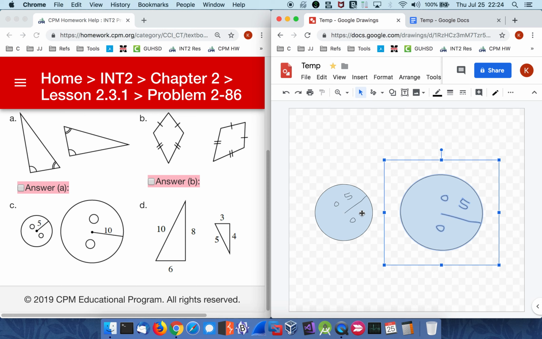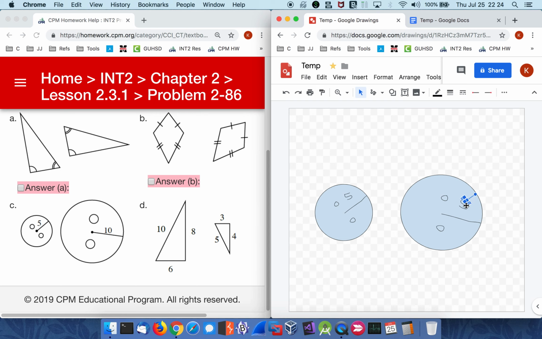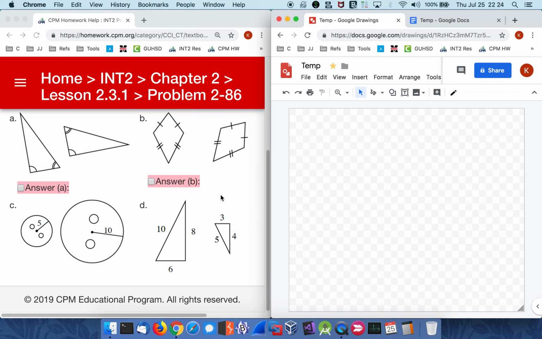So I guess you could say translate, rotate, and scale, or translate, rotate, and dilate. Oh, and they don't give us the answer for this one, huh? Alright, but I think that's pretty much it. That looks a lot like their figure. That number would probably have to be changed, but I don't think they care about that. They're just telling us the size. Alright, so we got that one. Boom. Easy day.